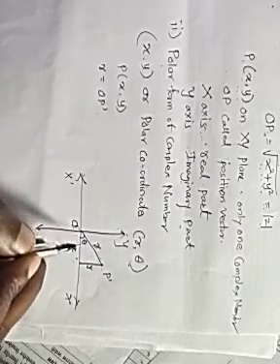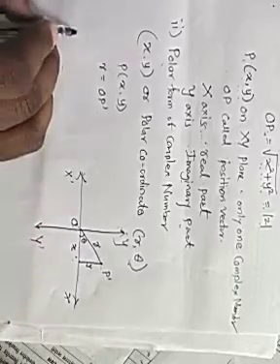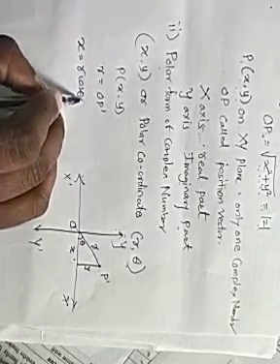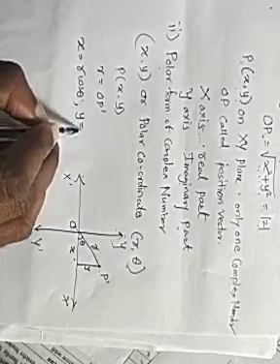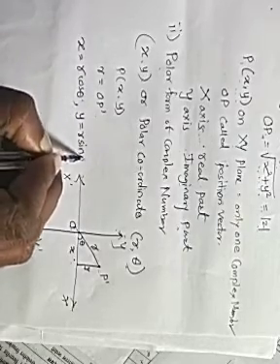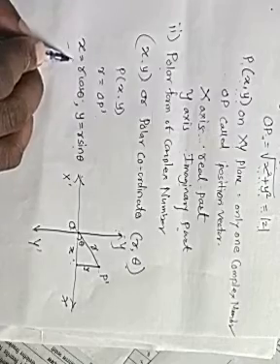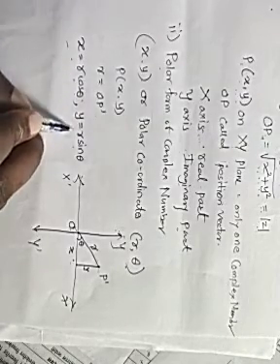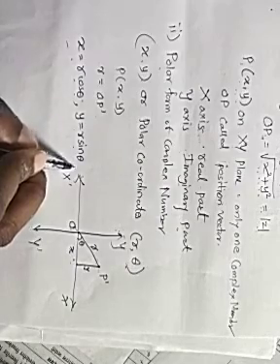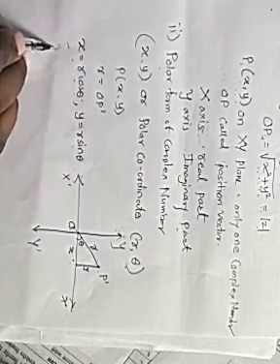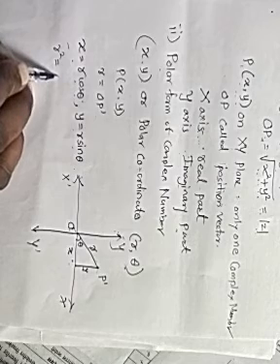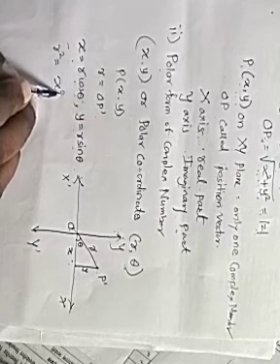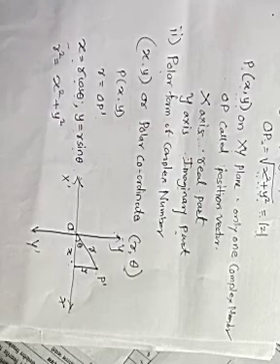Therefore, using the trigonometric relation, x is equal to r cos theta, and y is equal to r sin theta. We know these are the polar coordinates. Therefore, r square is equal to x square plus y square.